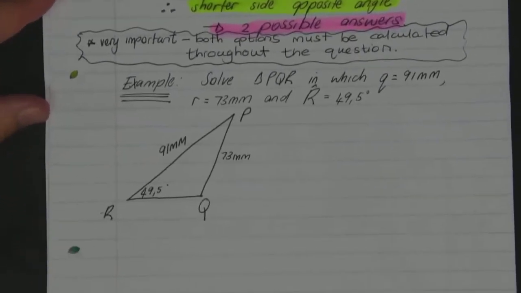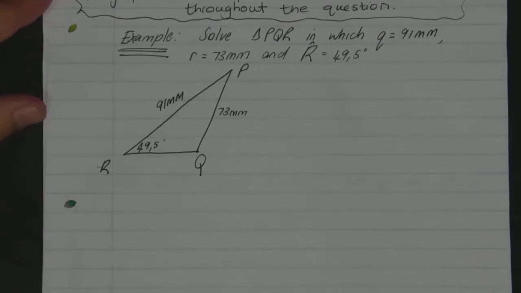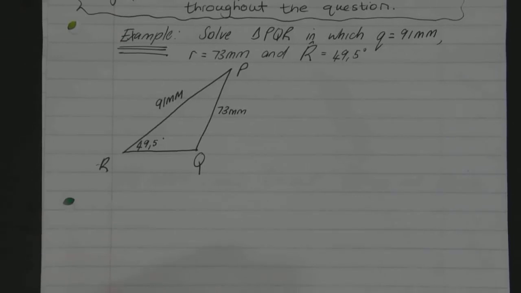If I give an example and I say to you, solve triangle PQR in which Q is 91 millimeters, R is 73 millimeters, and angle R is 49,5. Okay, now first of all, I don't see any right angles, so I am not allowed to label any sides.